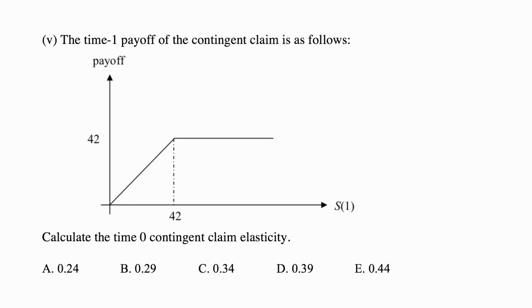Notice that if you had a payoff that is a straight line that goes up with a slope of 1 from the origin to 42, if it continued, if it was just straight up, that's a payoff of just holding the stock. But that's not the case. It stays at 42 after that, when the price of the underlying stock reaches 42. Calculate the time zero contingent claim elasticity.